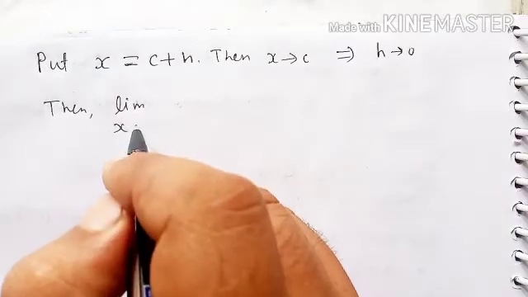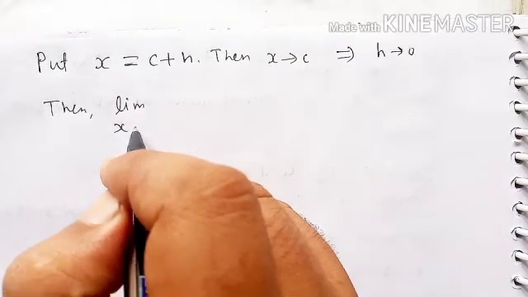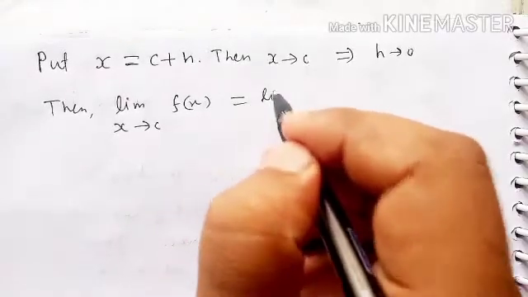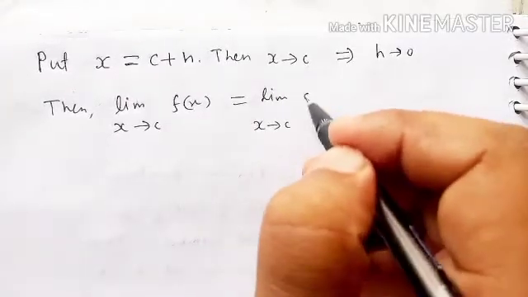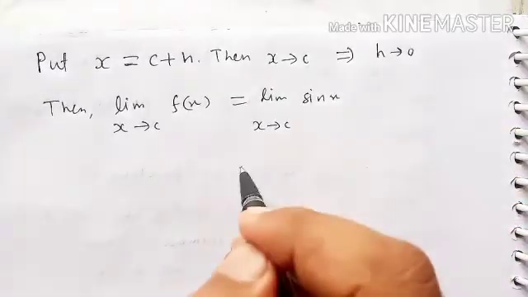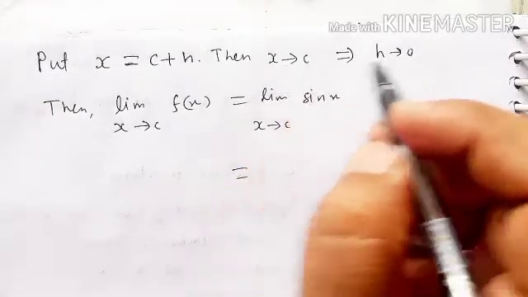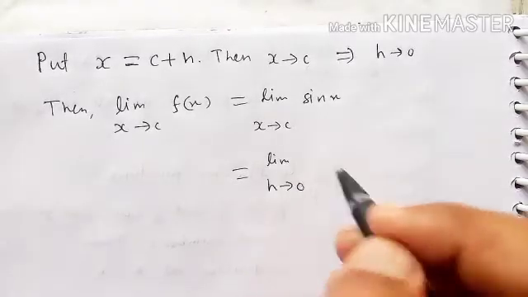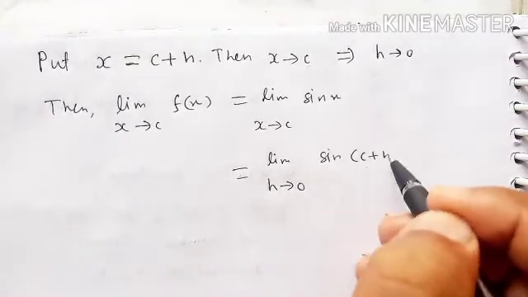Limit x tends to c of f(x), here f(x) is sin x. Limit x tends to c of sin x. Now as x tends to c, h tends to 0. Limit h tends to 0 of sin(c plus h).